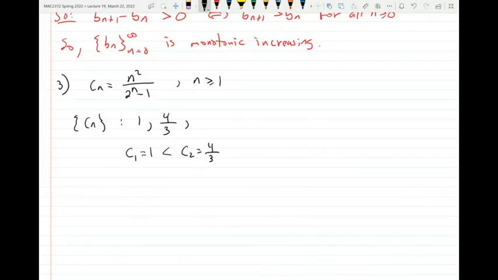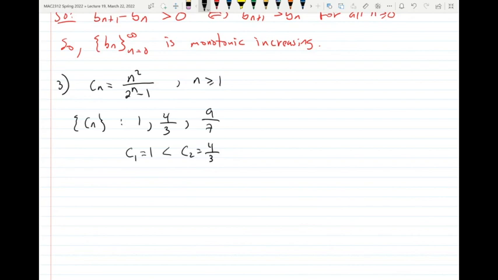What's the next term? It'll be n equals 3. So we get 9 divided by 7. How does that compare with 4/3? You multiply this by 7, you get 28. You multiply this by 3, you get 27. So 28/21 is bigger than 27/21, right?